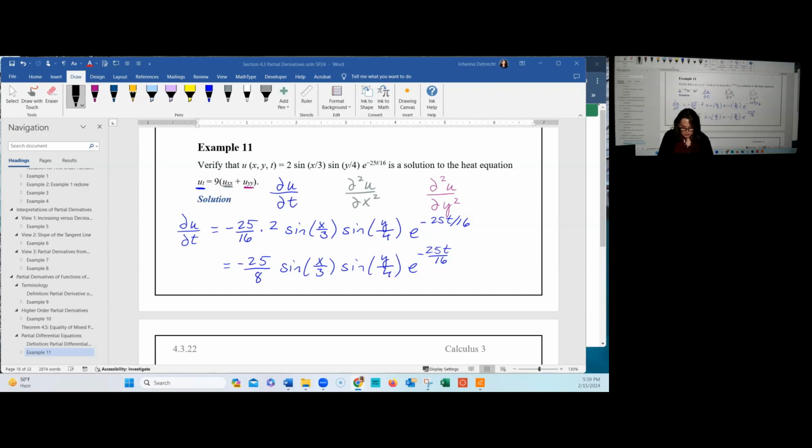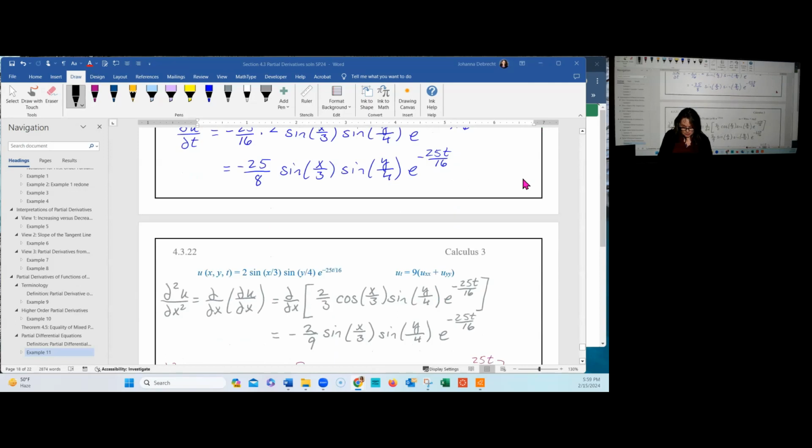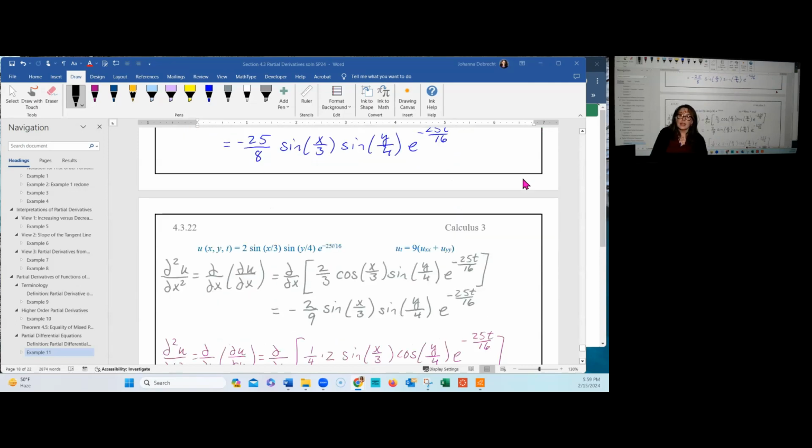Let's now take a look at the second partial of u with respect to x both times. We take the partial with respect to x after we've already taken the partial with respect to x once. When we do it twice, we get -2/9 sine of argument x over 3 sine of argument y over 4 times exponential e to the -25t divided by 16.